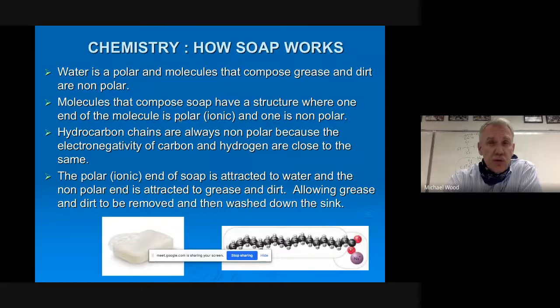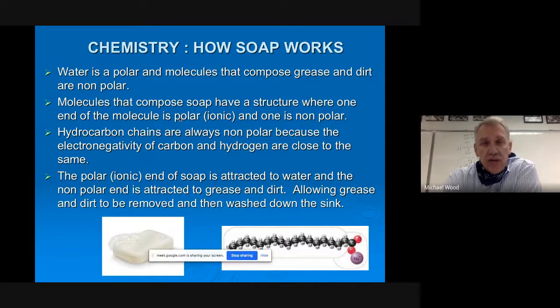I always want to talk about this next slide. This is nothing I'm going to hold you to, but I actually start the next chapter with a couple of these little things: how soap works. So water is polar. The molecules that compose grease and dirt are nonpolar. The molecules that compose soap have a structure where one end of the molecule is polar and one is nonpolar.